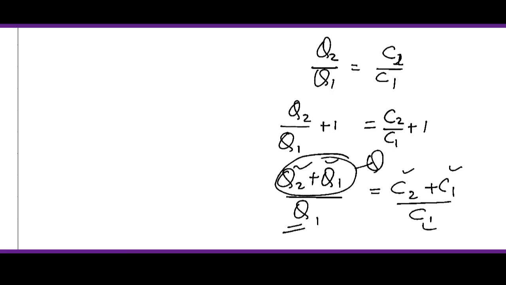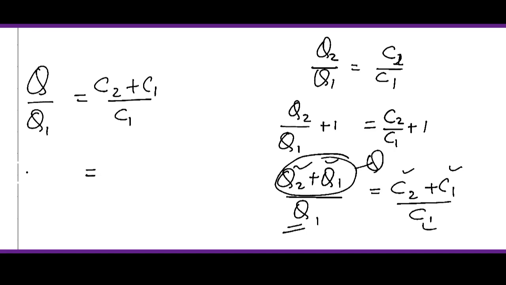If we substitute the value, q2 plus q1, that is q, by this q1, will be equal to c2 plus c1 by c1. So q is given as minus 30 microcoulomb, and we have to find q1.